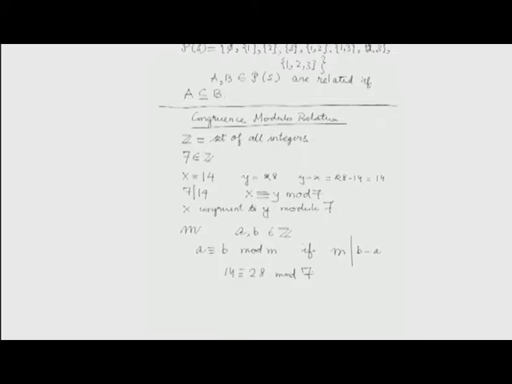But if we consider 30, what about 14 and 30? We have to take the difference of 14 and 30, which is 16, and definitely 7 does not divide 16, and hence 14 is not congruent to 30 mod 7.